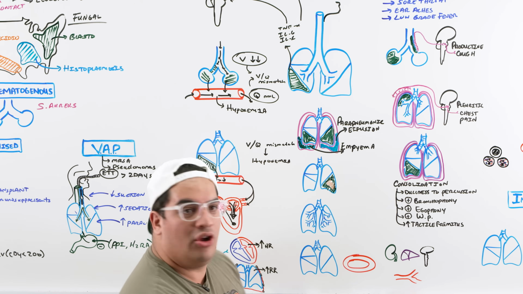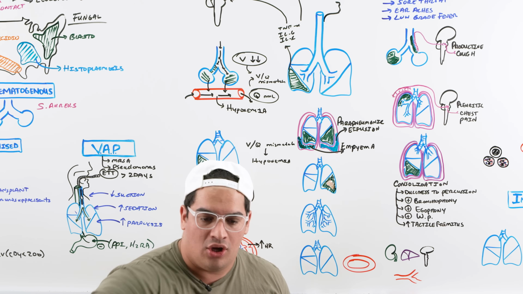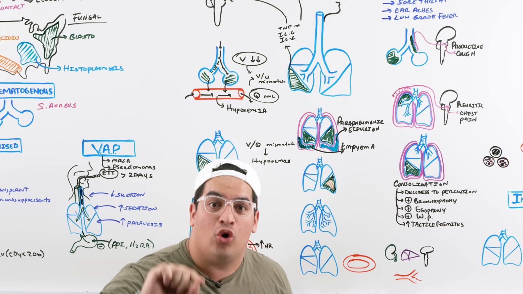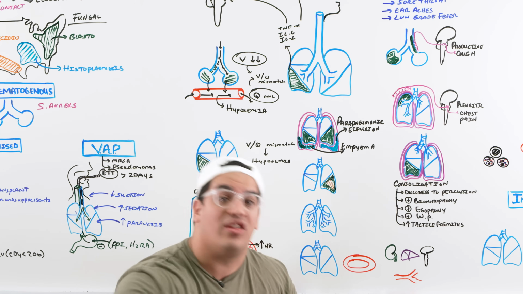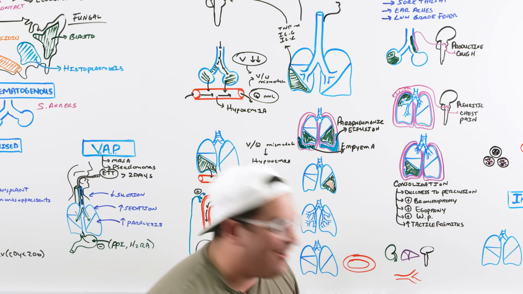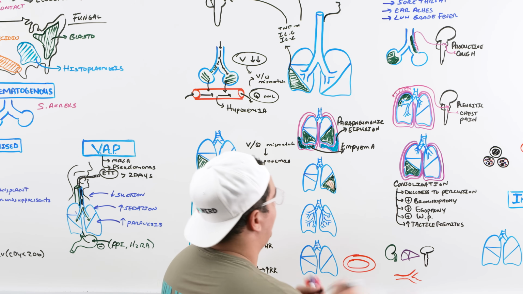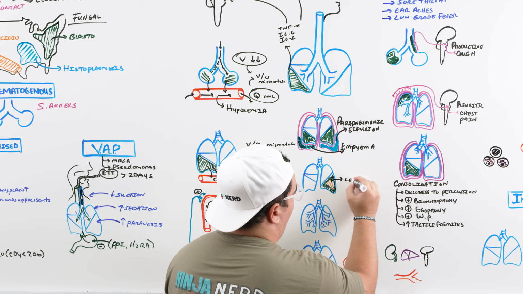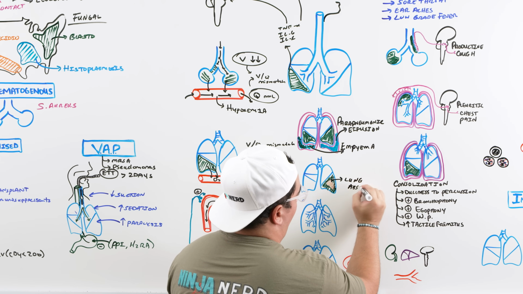What is this called, when you have this cavitation in the lungs where the anaerobes or Klebsiella or Staphylococcus aureus wall themselves off? This is a lung abscess. This is another potential complication you would want to remember with patients who have pneumonia.